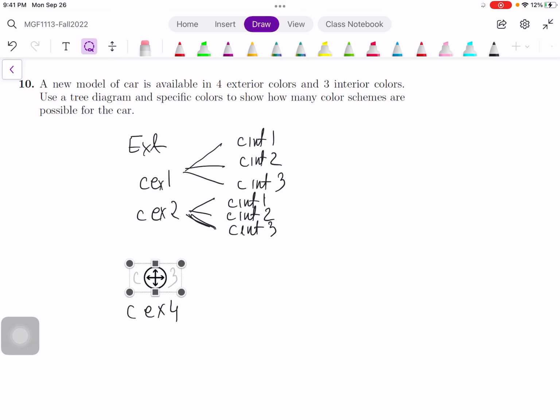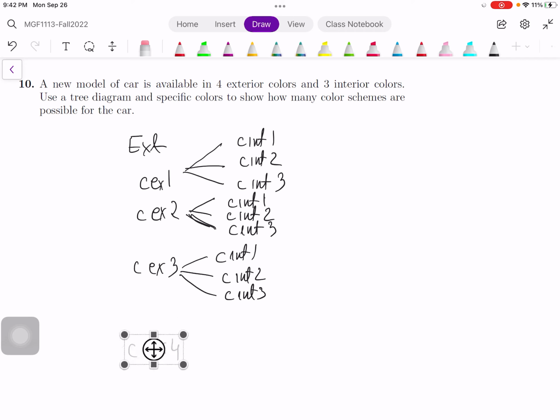So let's do this. Okay. Color interior 1, color interior 2, color interior 3, and same for the last one. I need a little bit more room here. The 4th option for the exterior color also comes with the same 3 possibilities for the interior color.